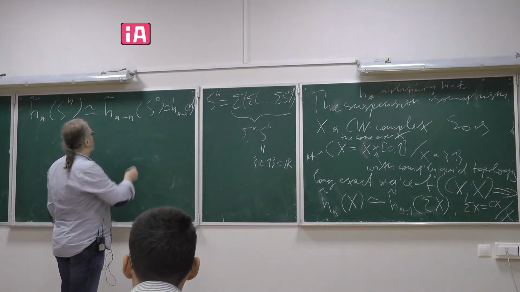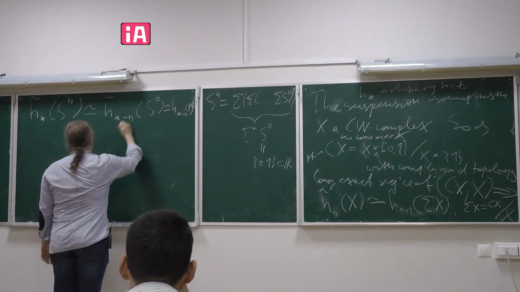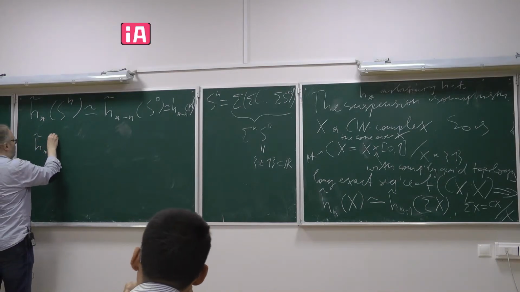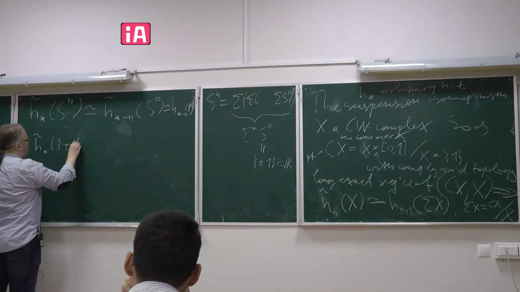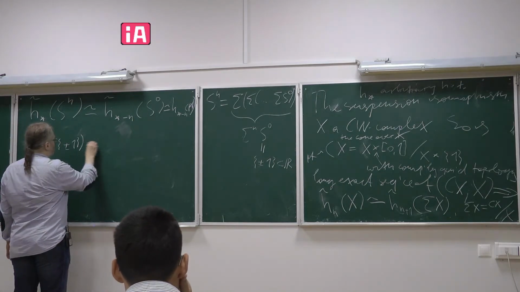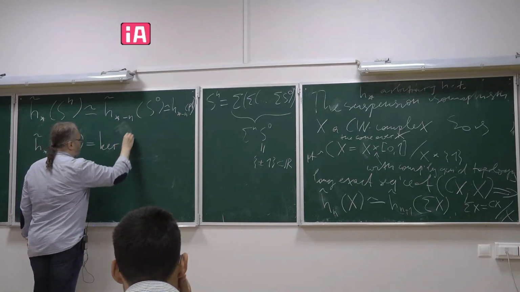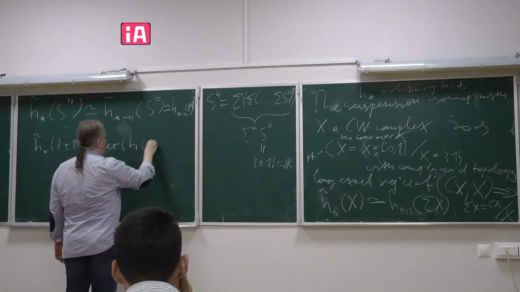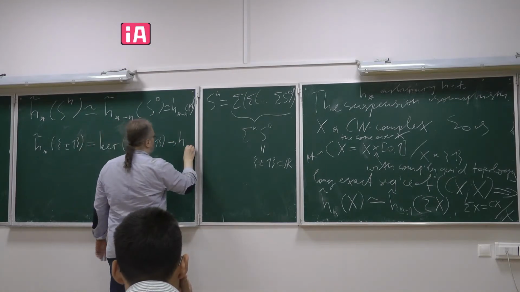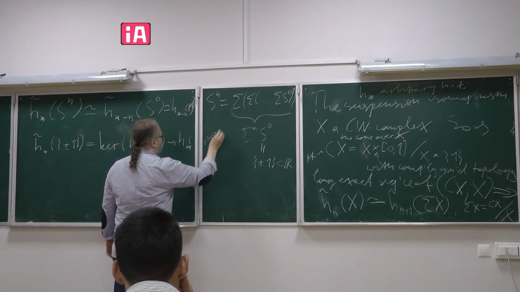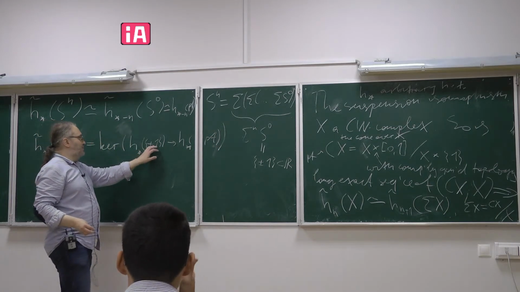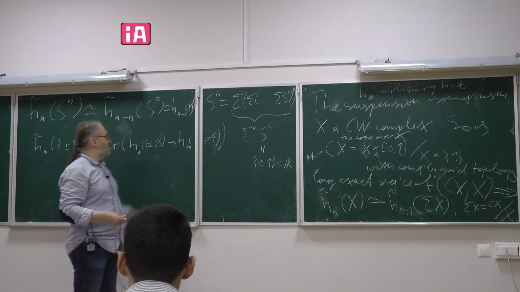Okay, well, let's look at this group. H tilde of a two-point set is by definition the kernel of this map.